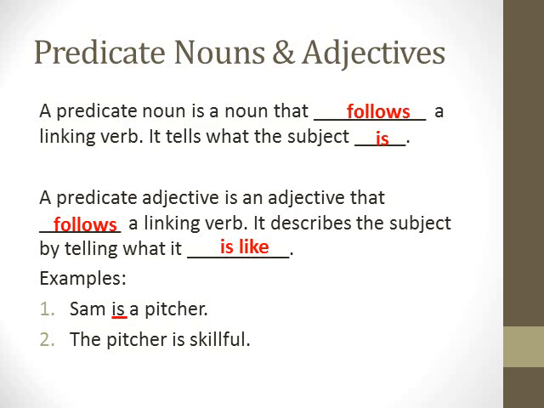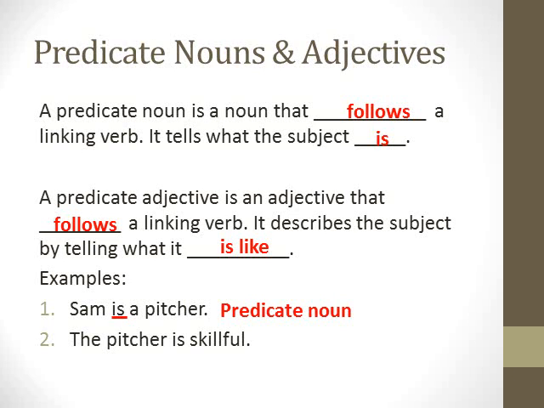So this word is telling what Sam is, which is a pitcher. So pitcher is going to be a predicate noun. We know this because it's the noun part of speech, that it is a person, place, thing, or idea. We also know that it is something that we're using to describe what Sam is.